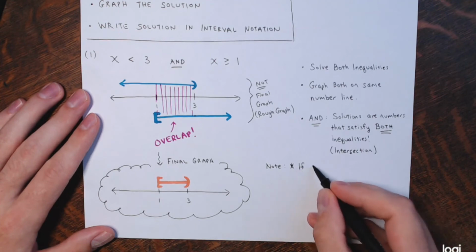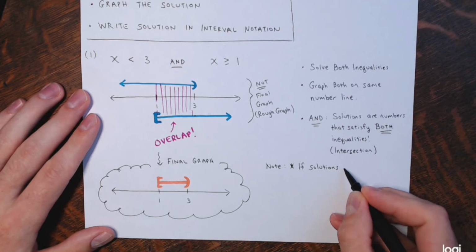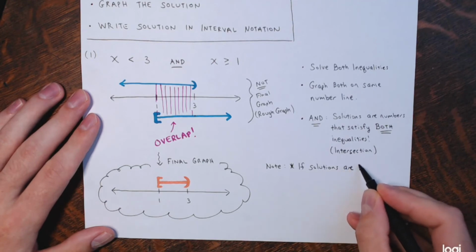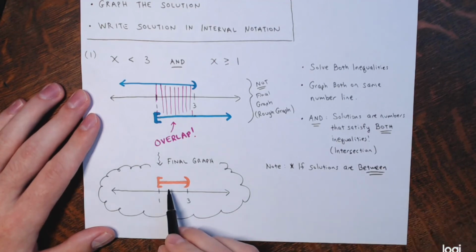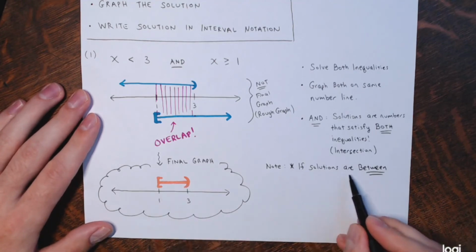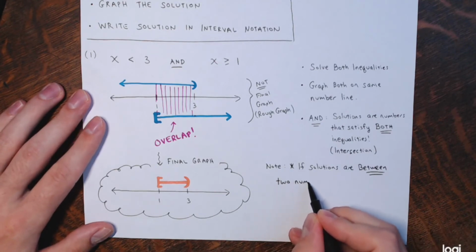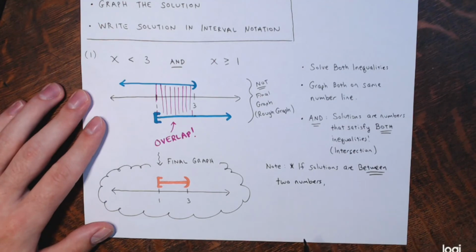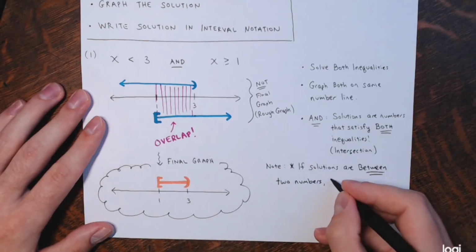If the solutions, right, if the solutions are between, have some sort of betweenness to them like we have here. See how all the solutions except for one, all the solutions are between 1 and 3. So if the solutions are between 2 numbers, then you can, if you wish, write a connected inequality.